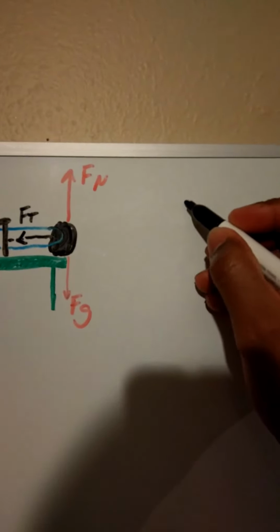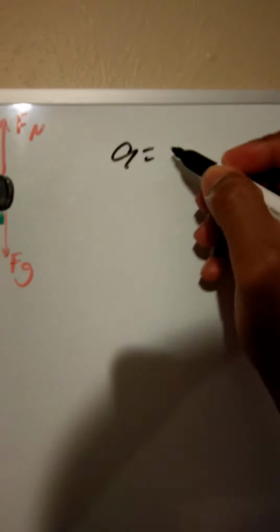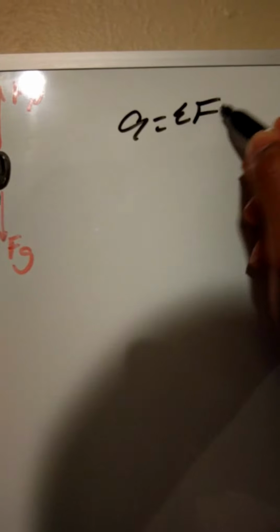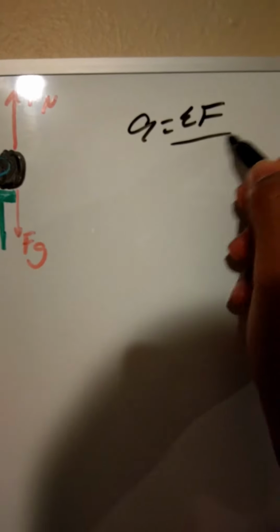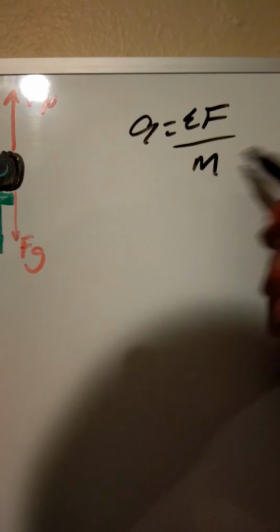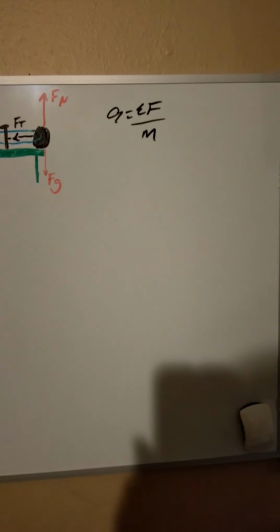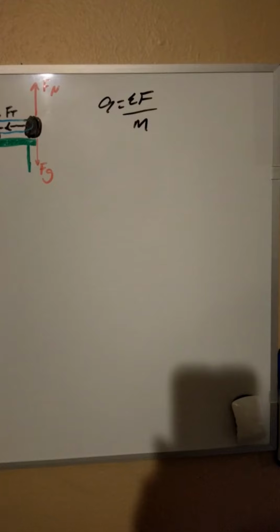So that would be acceleration equals force over mass. Well, I guess net force over mass. Now, since this is dealing with centripetal forces, the acceleration is actually v squared over r.